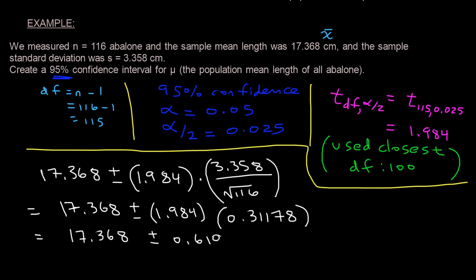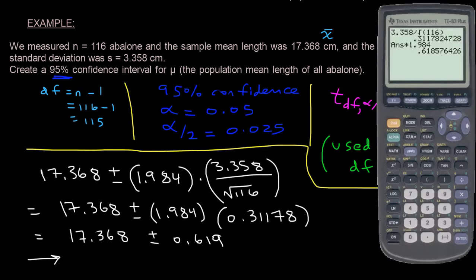Now that we have the point estimate, the sample mean, plus or minus the margin of error, we are ready to perform the last step of our calculation. This is going to get us the interval. This is actually two steps here.